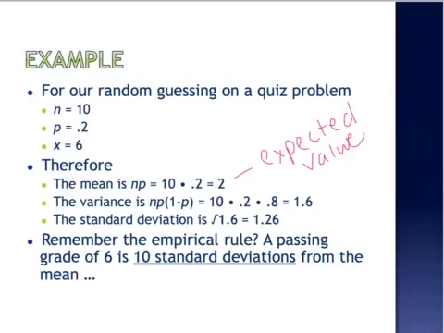If we wanted to pass, which would be a 6 out of 10, and the standard deviation is 1.26, and the average is 2, we want a 6, so we are about 3 standard deviations away from the mean. That would make it merely impossible, but not exactly impossible, just merely impossible.